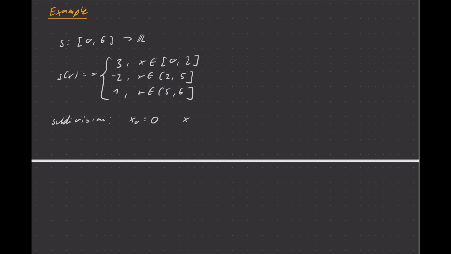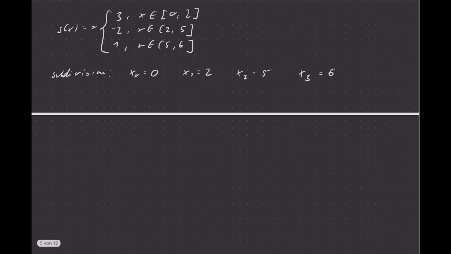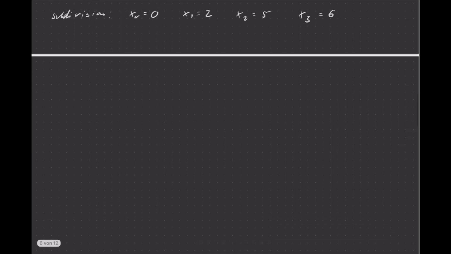And we can choose x1 to be 2, because that is going to be the first change here. x2 will then be 5, because 5 is the next change, and 6 here is our right bound of the interval, so we need another point in our subdivision, that is x3, which is 6. So how does that look like? Let's have a quick look at a sketch here.